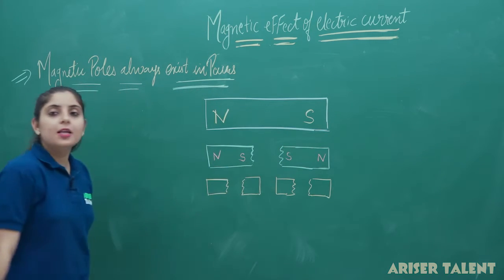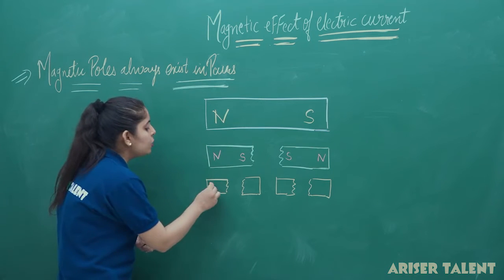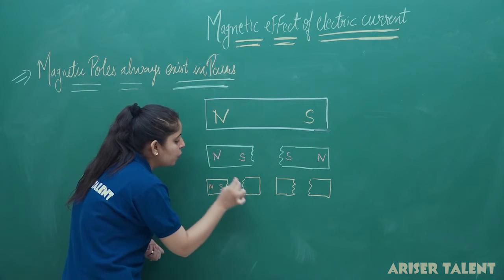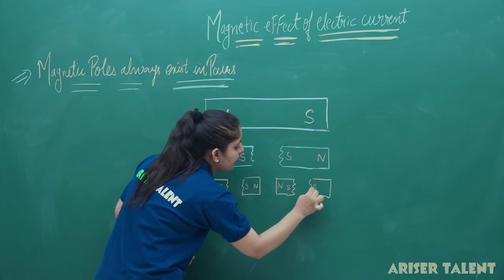So these are the further parts I am getting here. I can also mention here, this is north pole, this is south pole, this is south, this is north, south, and this is south and north.